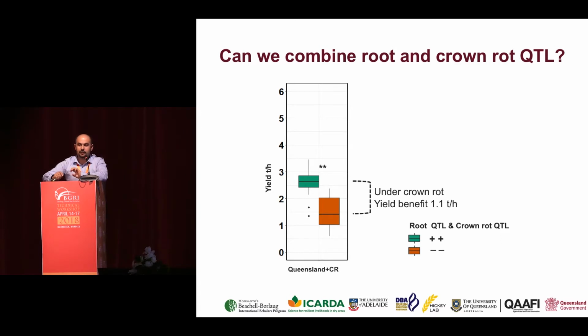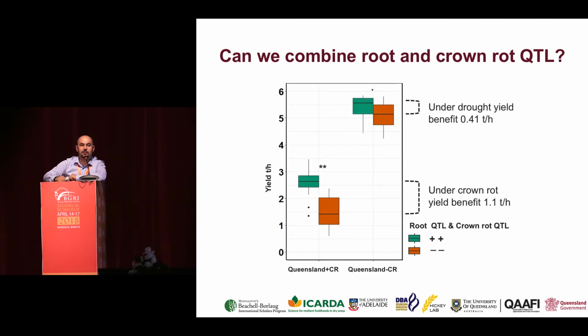We compared the individuals that carried both favorable alleles, referred to as plus here in green, to the individuals in those sets that did not have the favorable alleles for both QTLs, referred to as minus in orange. And under crown rot conditions, there was a massive difference in yield. It was a yield benefit of 1.1 tons per hectare, and that's huge.